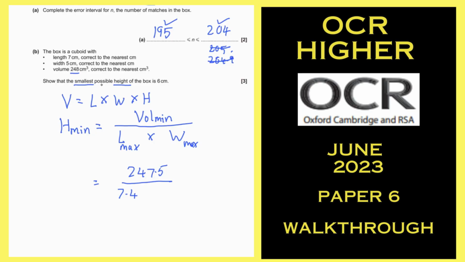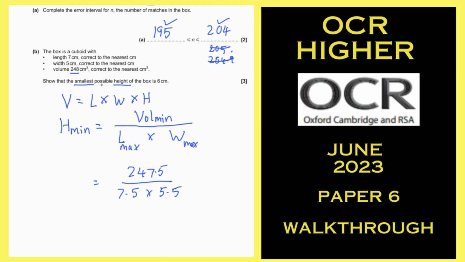But if you type 7.49 recurring in your calc, it will just really think, why didn't you just press 7.5? And obviously you can't put in your millions and billions of nines in there. You just put 7.5 for convenience sake. And same with your width. The biggest possible width is 5.49 recurring.